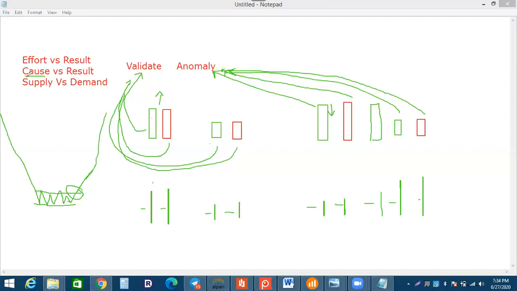If the cause was wrong, it will go up and then go down again. In every video, at every step, I am saying that without reason, price cannot move, or cannot change direction.